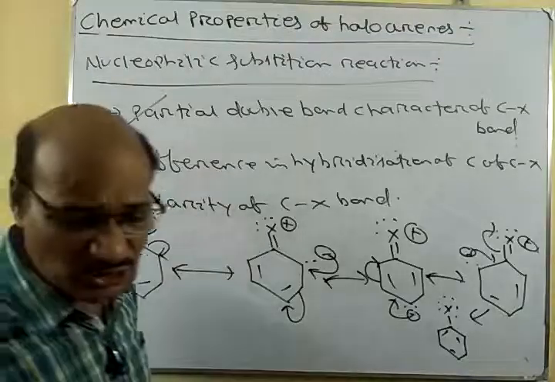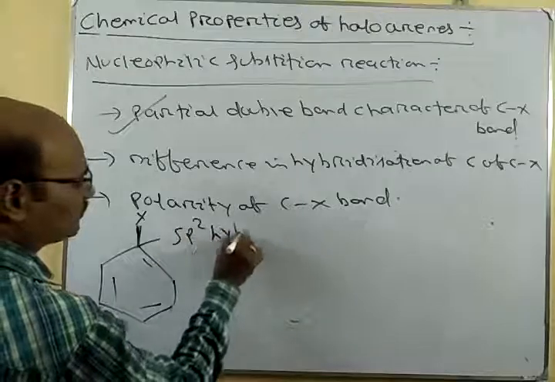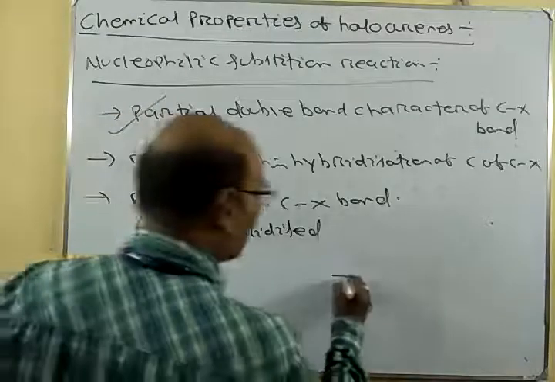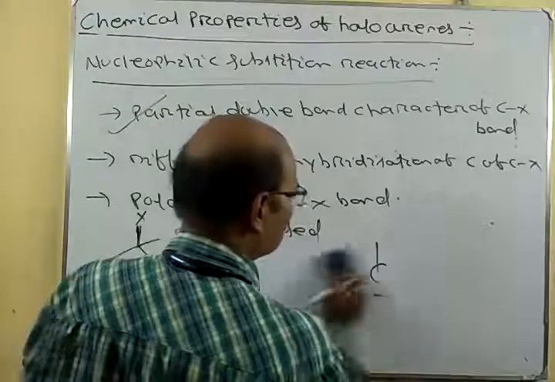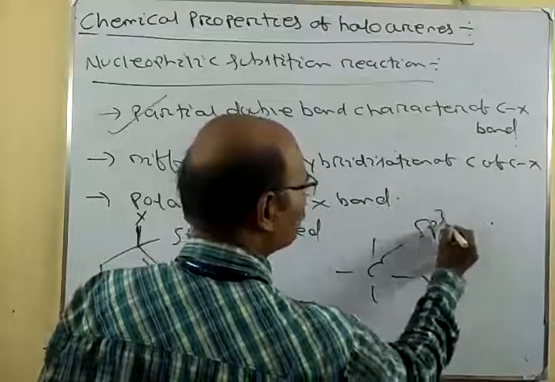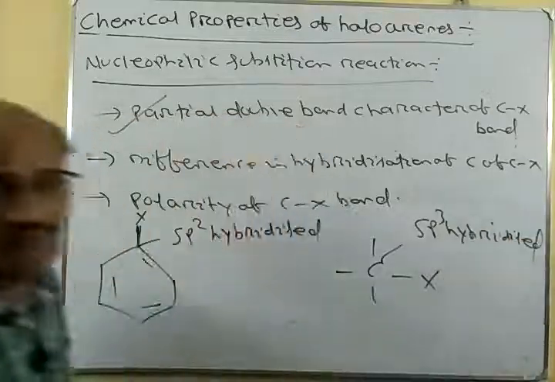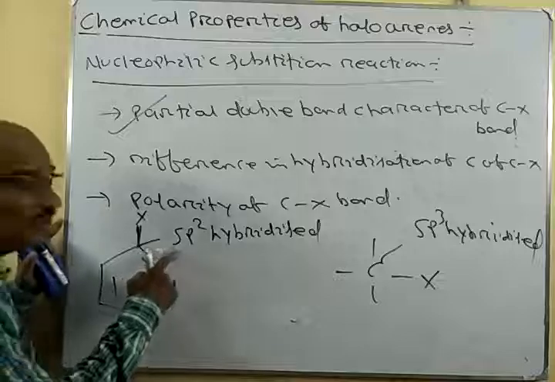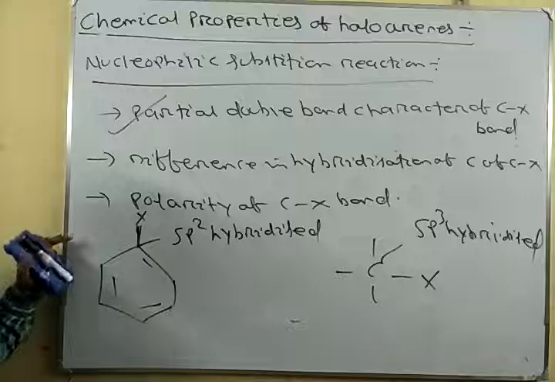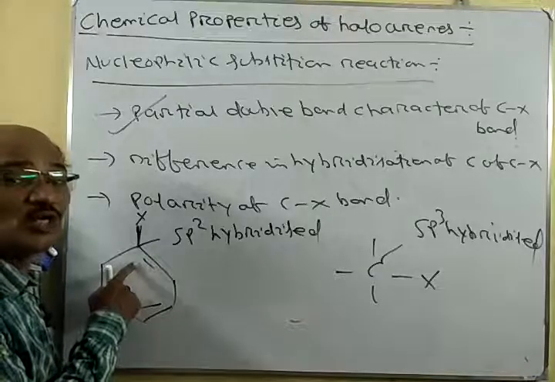Number two, difference in hybridization of C in C-X. This carbon is sp2 hybridized, but in haloalkane it is sp3 hybridized. Because of sp2 hybridization, the s character is more, and the more the s character, the more the electronegativity.